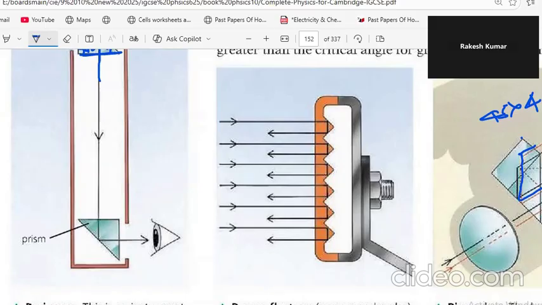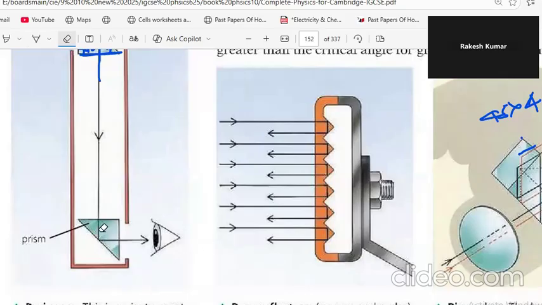Then there's another prism at 90 degrees, so it again hits and comes out through the hypotenuse. This is pretty confusing, but there are two hypotenuses: entering the hypotenuse and going out of it, entering the other hypotenuse and coming out of the other.